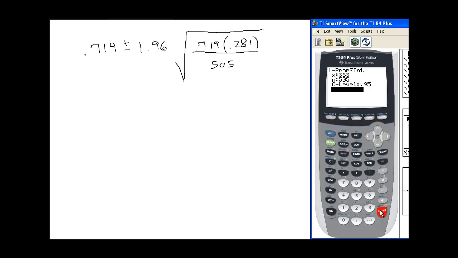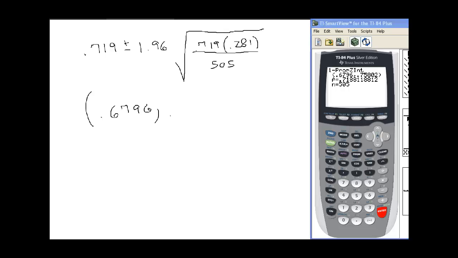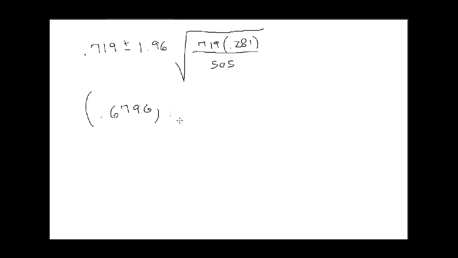And I'm going to go ahead and calculate this confidence interval now, and I won't get an error. So we have 0.6796 to 0.75802.